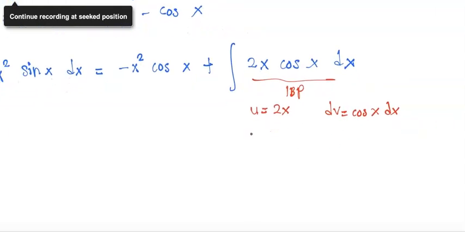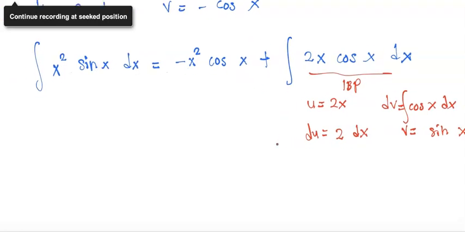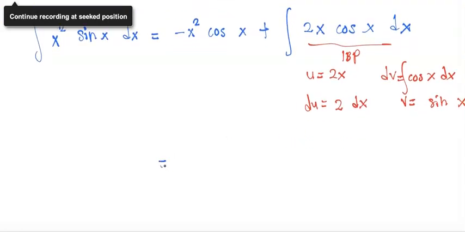Then you differentiate u, you will get 2 dx, and for the right side integrate cos x dx, you'll get sine x.